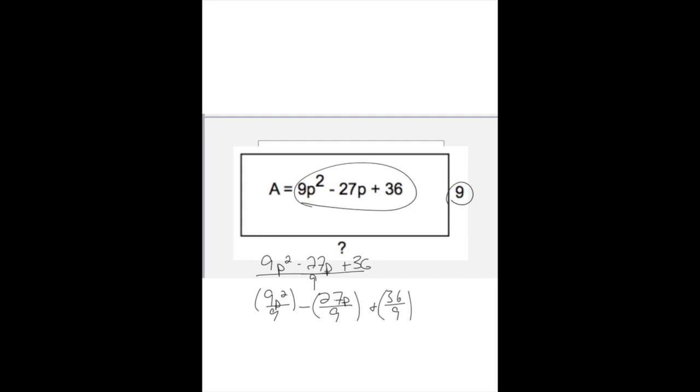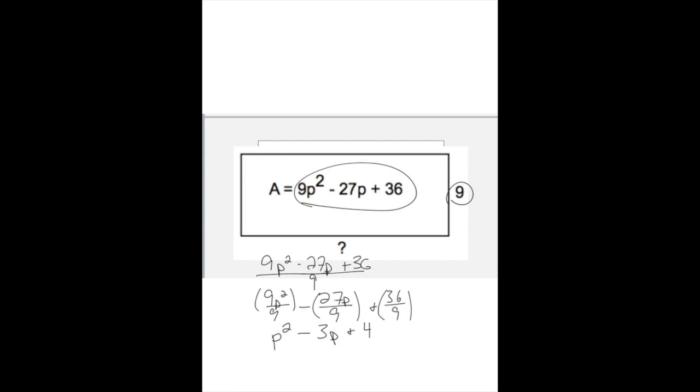So 9 into 9 is going to be 1, and we don't have to generally show the 1, so it'll be p squared, and then minus 9 into 27. 9 goes into 27 3 times, so we get minus 3p, and then plus, we end up with 36 divided by 9 is, of course, going to be 4.